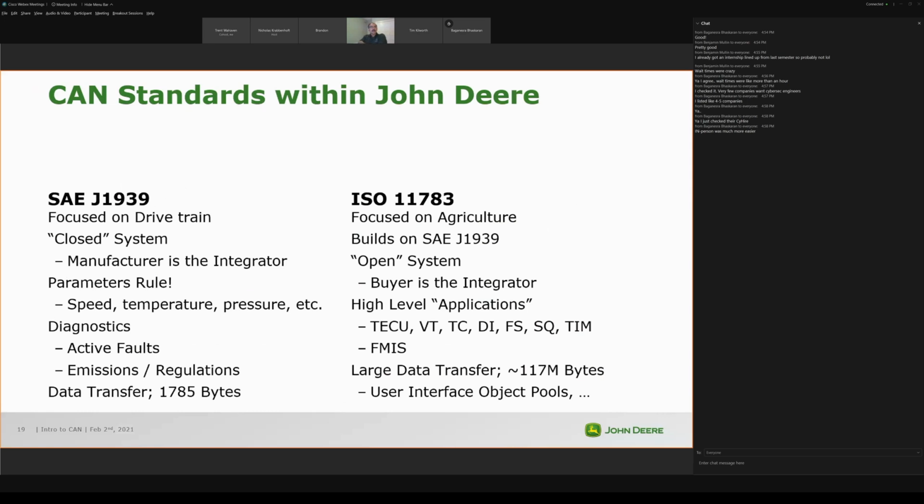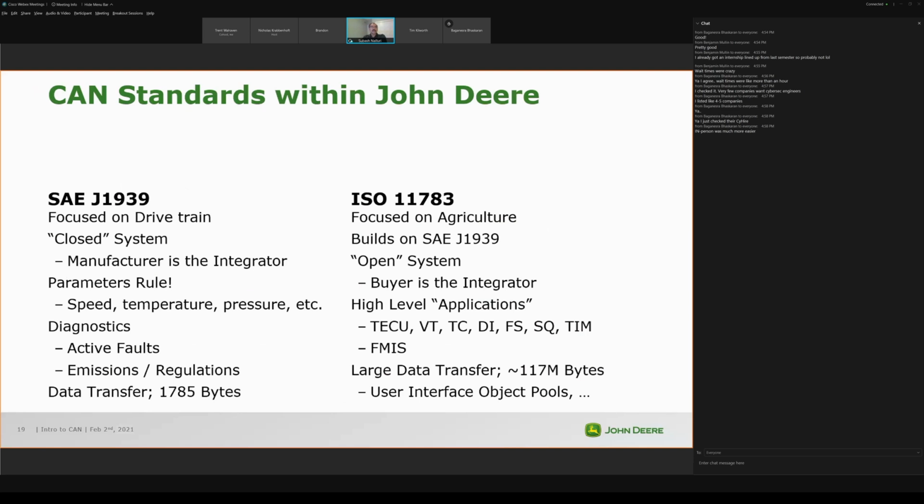And like I said, we follow 2 standards within John Deere, SAE J1939 and ISO 11783. Fundamentally, from a physical layer, they're the same, the signal is the same, but one focuses on the drivetrain, one focuses on agriculture. One is an enclosed system, where basically the manufacturer is designing the whole system like your car.